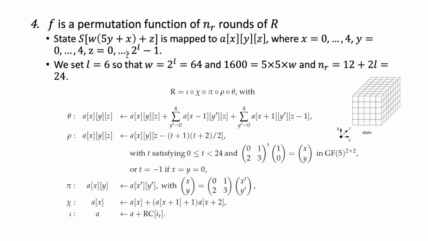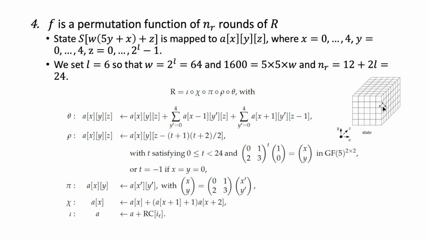So first let's consider the state S. During the process we just introduced, we always have the state S, which has 1600 bits, and actually this bit string can be mapped into an X times Y times Z array of bits.